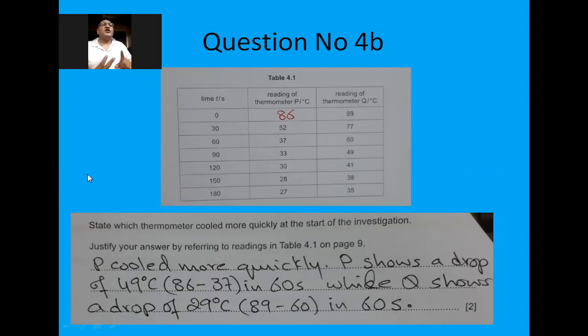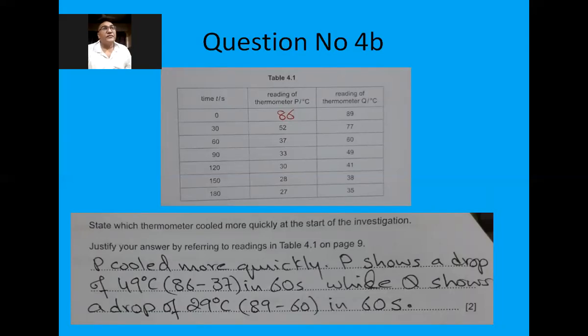So the thermometer P cooled more quickly. P shows a drop of 49 degrees centigrade in 60 seconds, while Q shows a drop of 29 degrees centigrade in 60 seconds. I hope you understand. It's a little technical answer, but I hope that you have understood how I'm writing this answer.